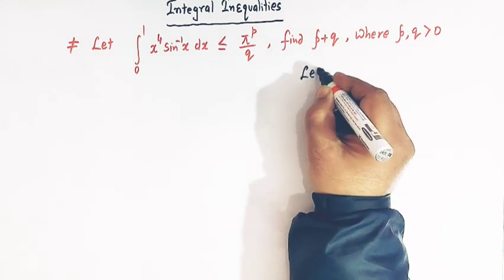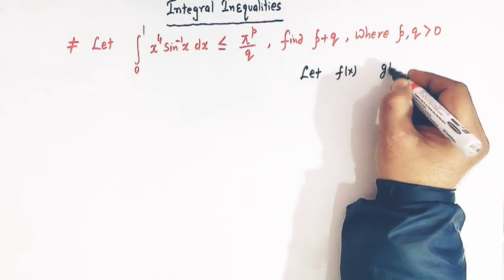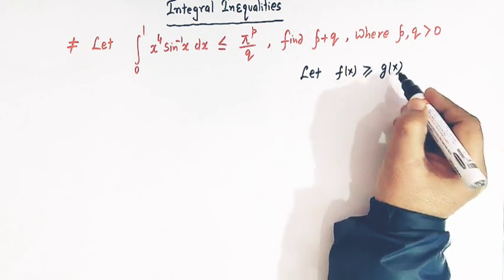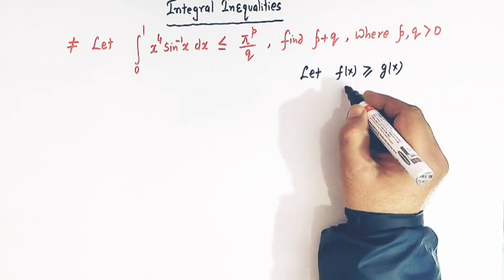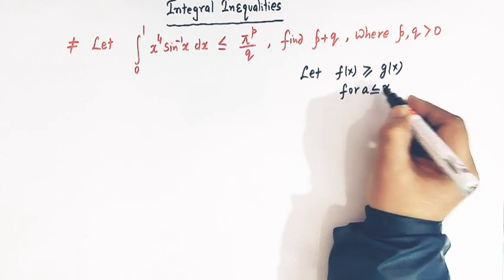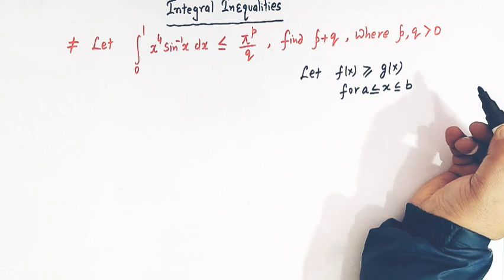Suppose we have two functions, say f of x and g of x, right? And f of x is greater than or equal to g of x for x greater than or equal to a and less than or equal to b, right?